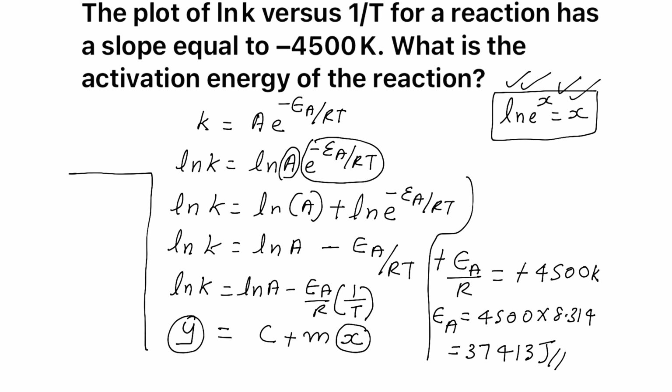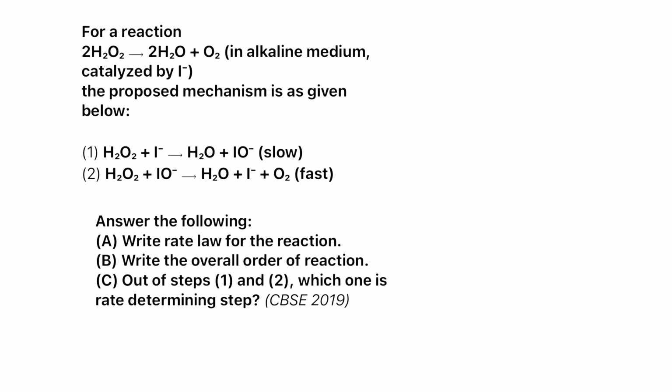At that time, what you have to write? EA is equal to, divide this with 1000. So that is 37.413. This is joule per mole, the other one is kilojoule per mole. If the answer is in kilojoule, divide the answer with 1000. That's it.